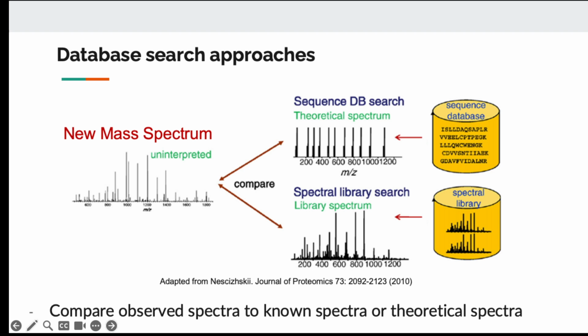If the new spectrum looks like a known spectrum, then we can transfer the amino acid sequence from the old one to the new one. So we have two different kinds of database search. One searches against the possible protein sequences, amino acid sequences. The other one searches against previously known spectra.